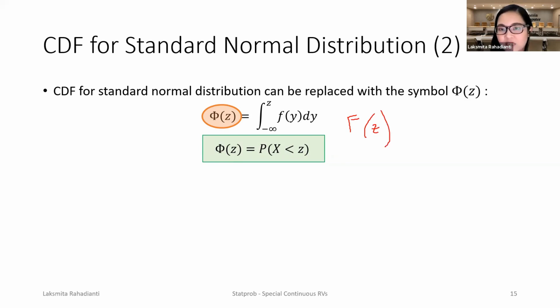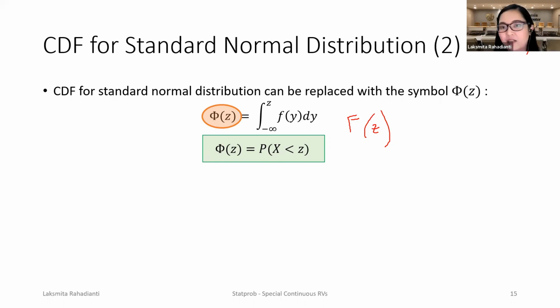As you remember, this is the CDF, and we recall that the CDF is the probability of a random variable having a value up to this certain value here. So as it is defined, phi of z equals the large F of z equals the probability that our random variable has a value up until z.